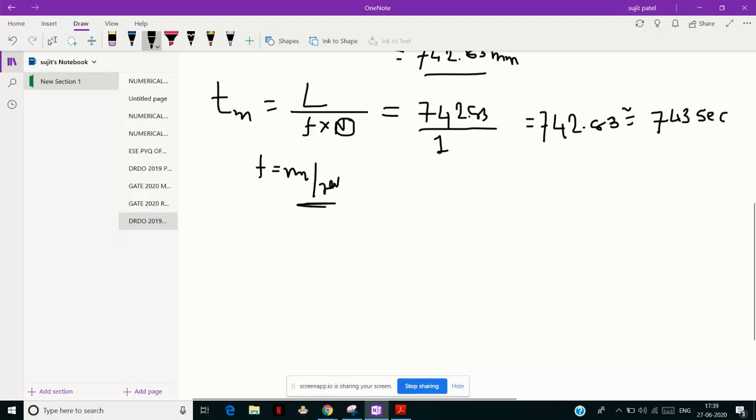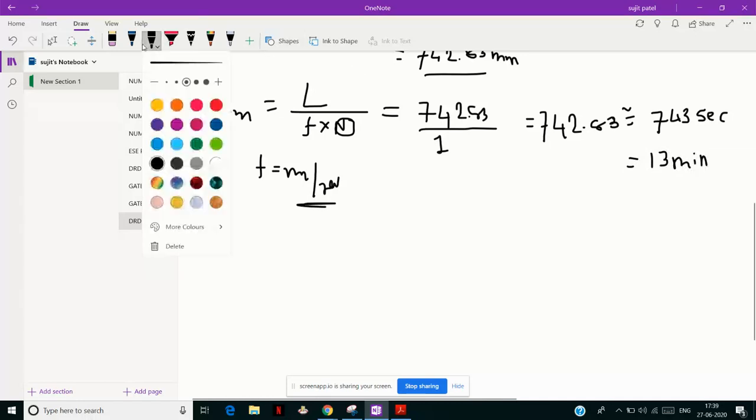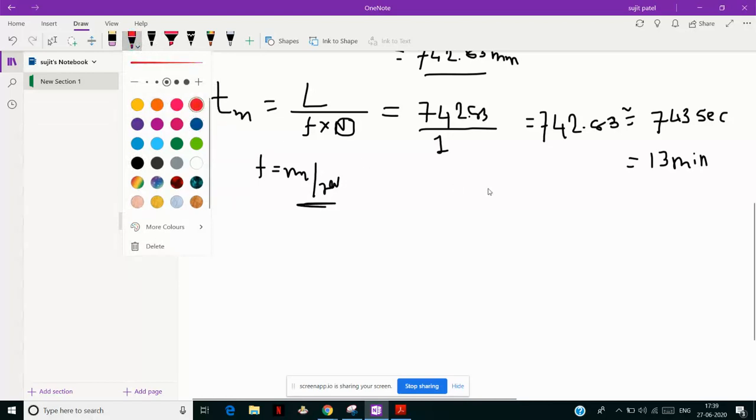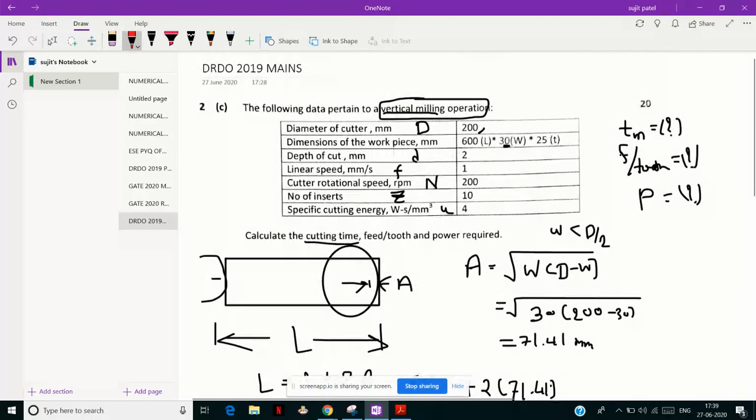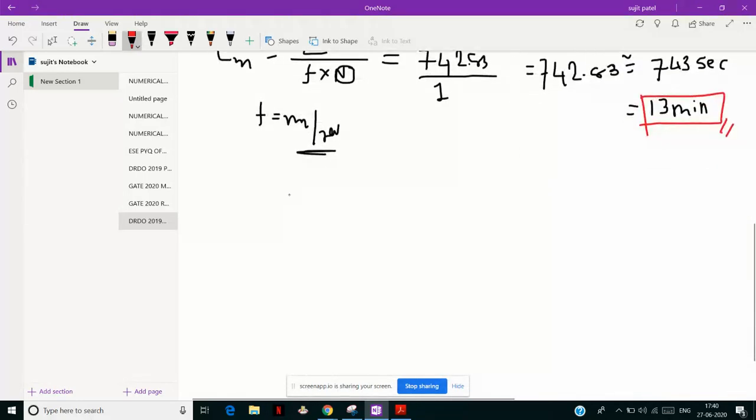If you want to convert into minutes, it will come to 12.38, so approximately 13 minutes. So this is the answer of our first question, machining time. Now the second question is feed per tooth.